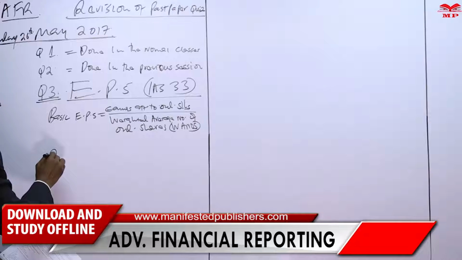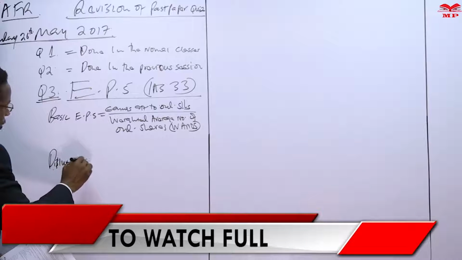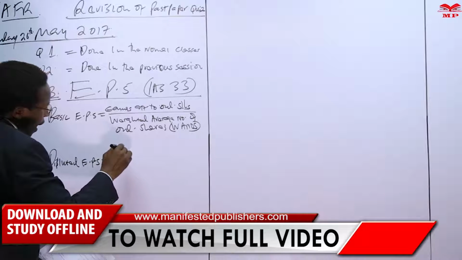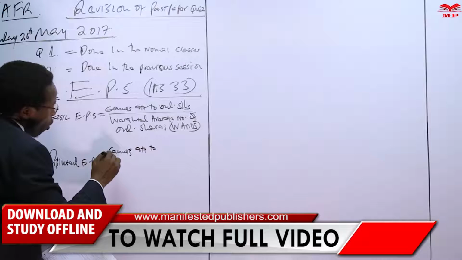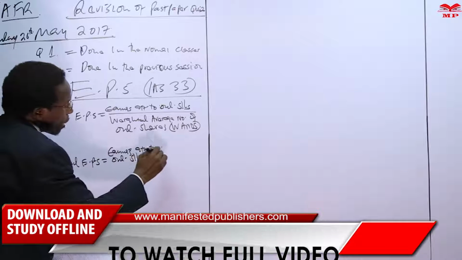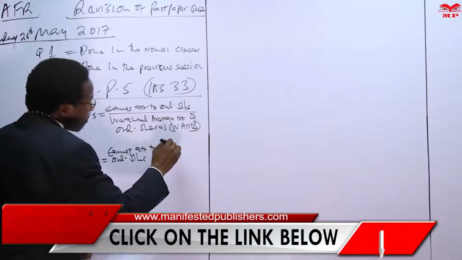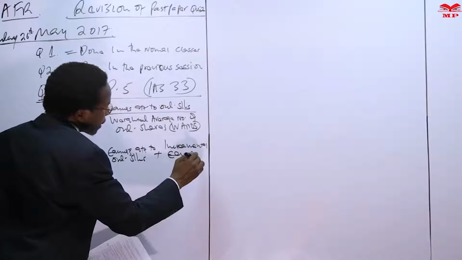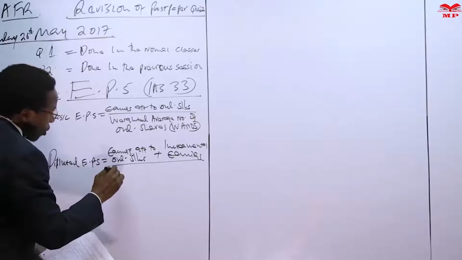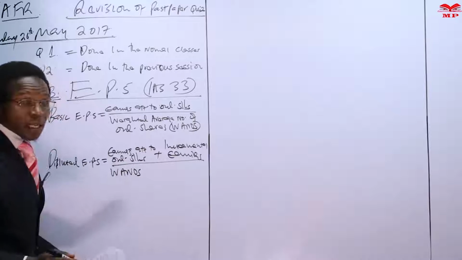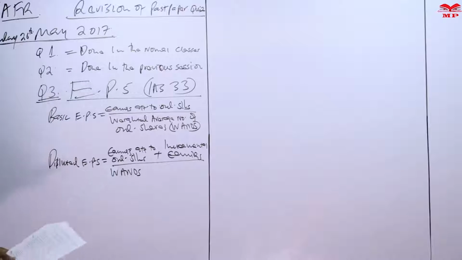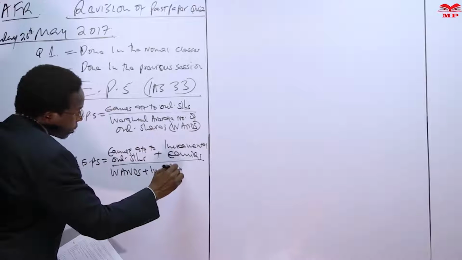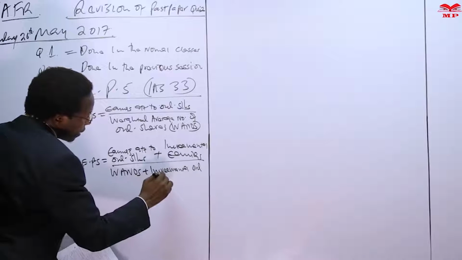While the diluted earnings per share is simply the earnings attributable to ordinary shareholders from the continuing operations plus the incremental earnings, divided by the WANOS from the continuing operations plus the incremental ordinary shares.